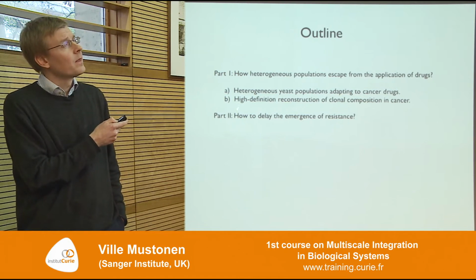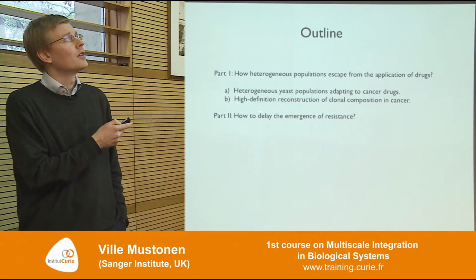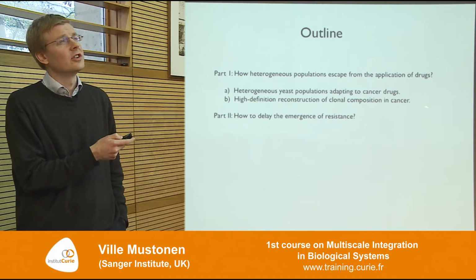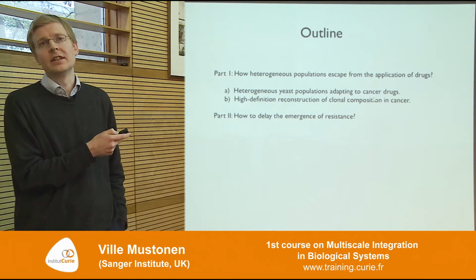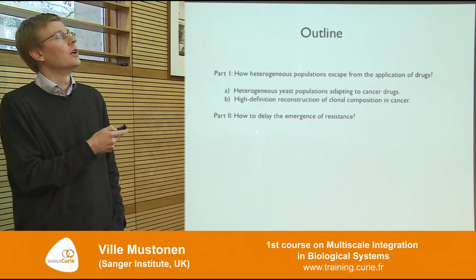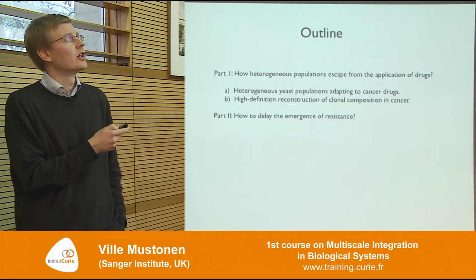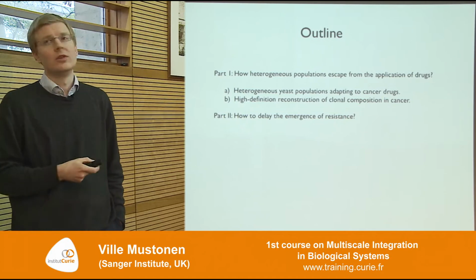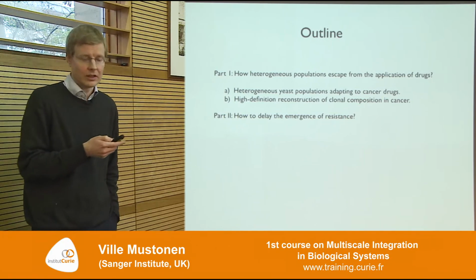And here, the second part of the first part is essentially looking at some real cancer data, and then depending on how we are doing with time, some theory work on how to delay the emergence of drug resistance.